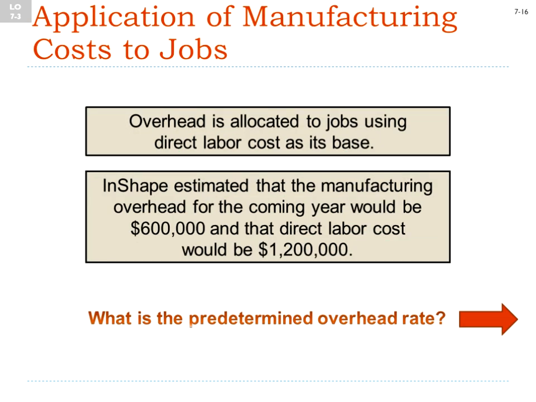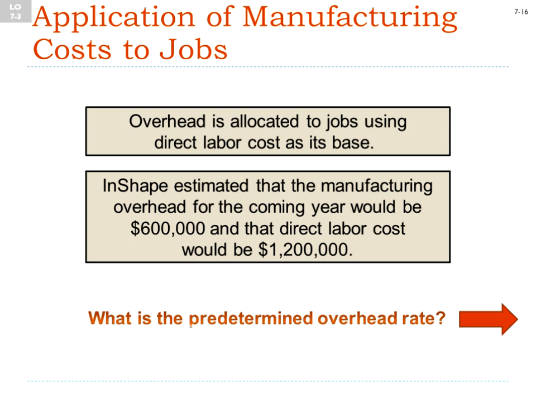So let's look at how InShape decides to allocate their overhead costs. Remember, there are many ways you can allocate it. You can allocate it based on direct labor cost, direct labor hours, or a variety of other bases, depending on what you think is the most accurate.